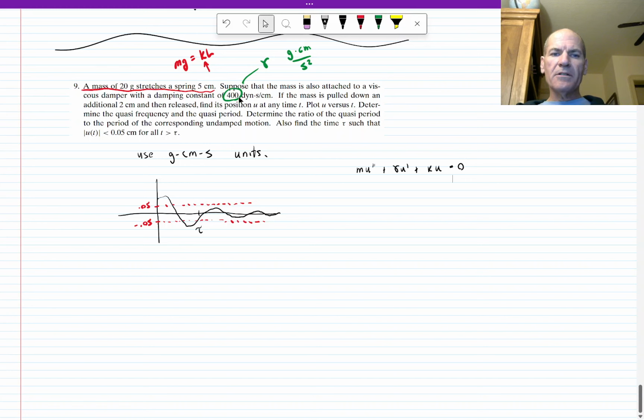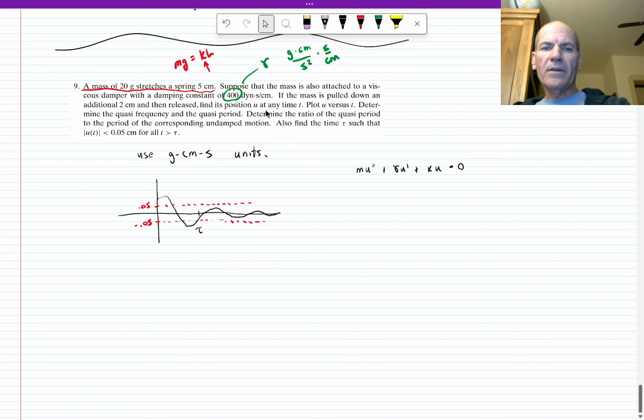The damping constant is given explicitly like this, and we see the presence of a unit that you may or may not be familiar with, the dyne. A dyne is a gram centimeter per second squared, and then the units on this damping constant involve an additional second per centimeter.